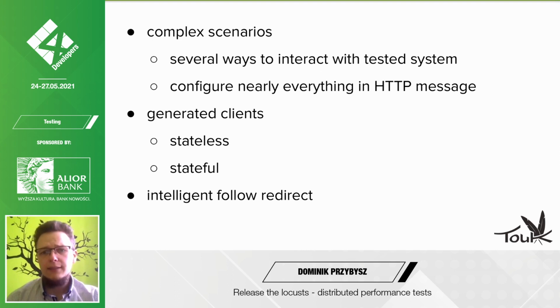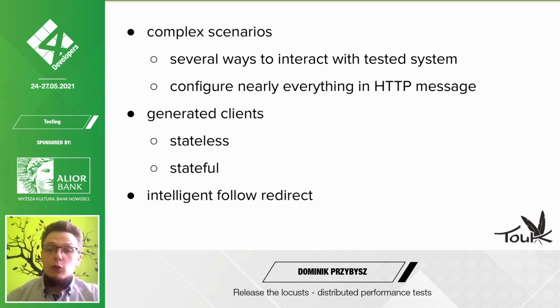Most of our clients, the users that we wanted to generate, were stateless, but in some situations we also need stateful clients, which have to know what the previous request was, and based on that, create a new one.